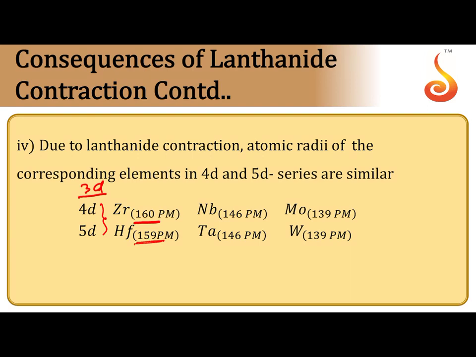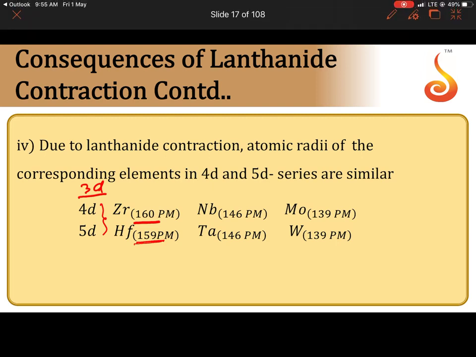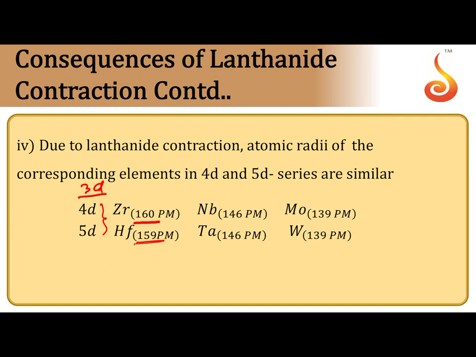This is because of lanthanide contraction: 14 lanthanides are present between zirconium and hafnium, and in those 14 lanthanides atomic size gradually decreases. So the increase in size due to the extra shell is compensated by lanthanide contraction. That is why 4d and 5d series elements can have the same atomic size and more similarities in their properties.